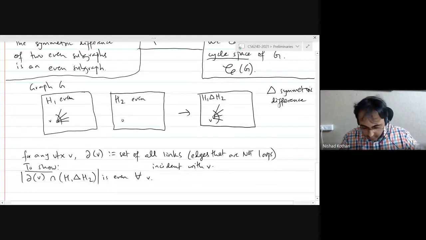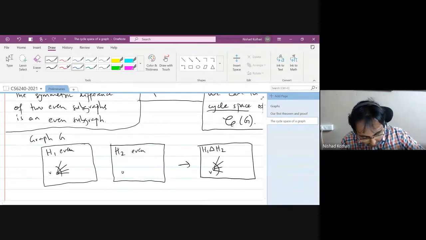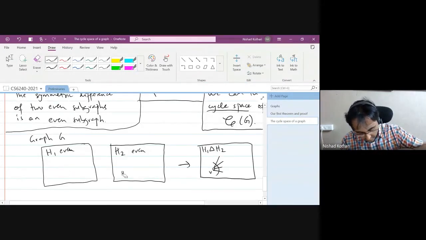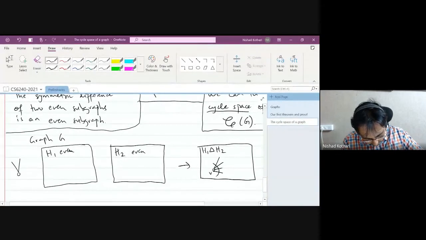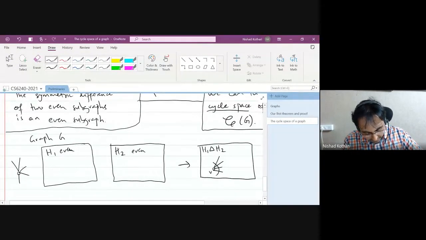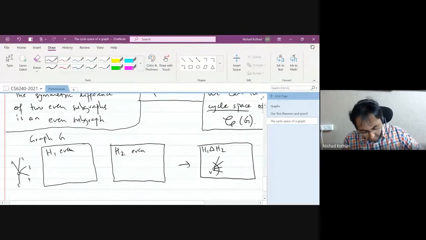So let me make a slightly better picture here. Supposing I have a vertex V, I'm just going to do this by example. Let's say I have 5 edges, from 1, 2 up to 5. And let's say I have an even number of edges in both of these subgraphs. So I have 1, 2, 4, and 5 here.